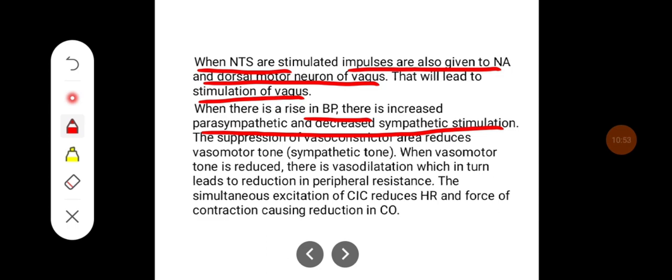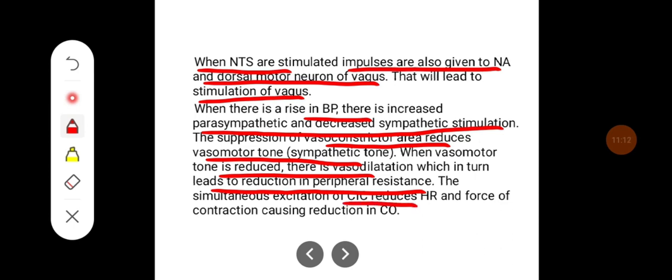The suppression of the vasoconstrictor area reduces the vasomotor tone, that is sympathetic tone. When vasomotor tone is reduced, there is vasodilatation, which in turn leads to reduction in peripheral resistance. The simultaneous excitation of the cardiac inhibitory center reduces the heart rate and force of contraction, causing reduction of cardiac output.